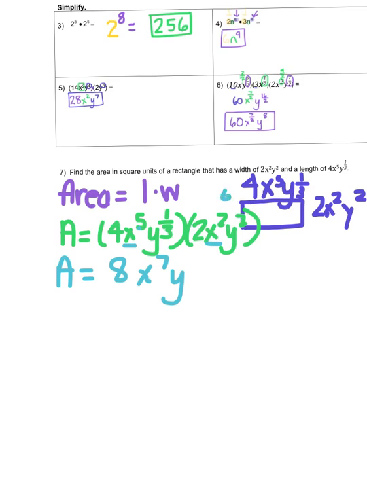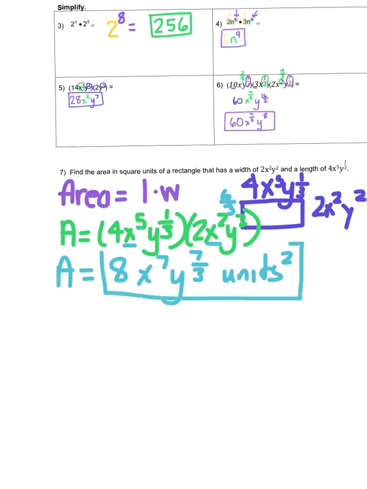If it helps you, make them both into thirds. So we'll have 6/3 plus 1/3, that would be 7/3. Leave it improper, we like it. So that's in square units. So please be sure to put your label on there and box, circle, or cloud your answer.